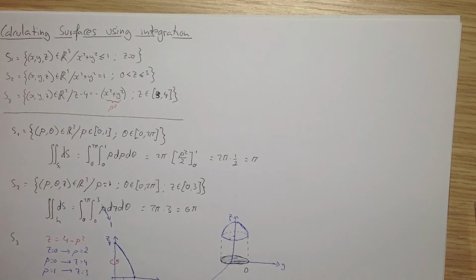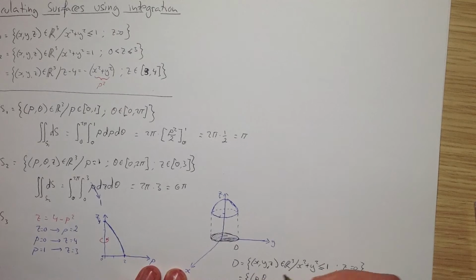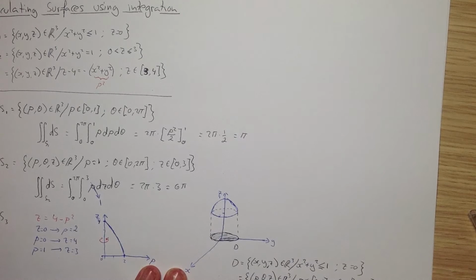If we want to put it in cylindricals in R cubed, rho goes from 0 to 1, theta from 0 to 2 pi, and z equals 0.